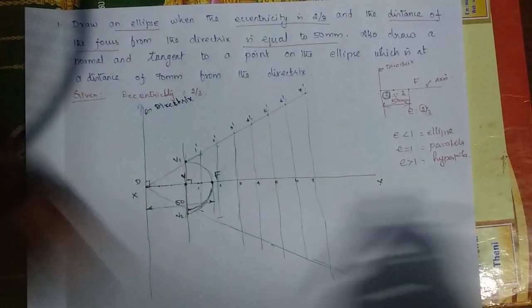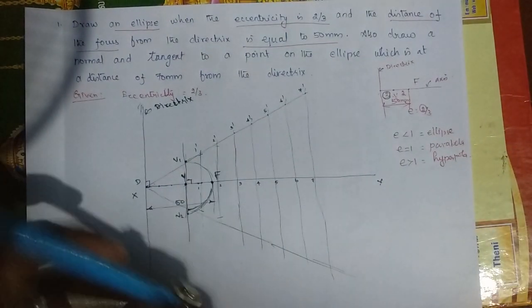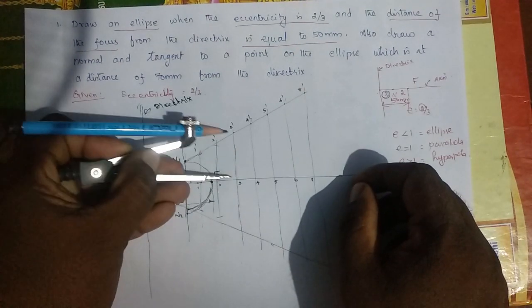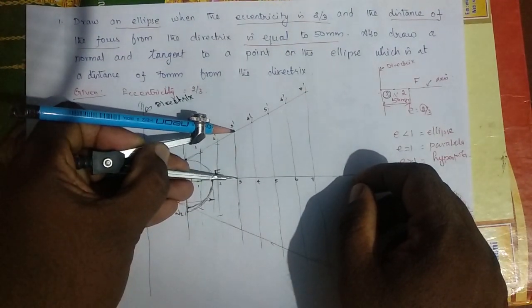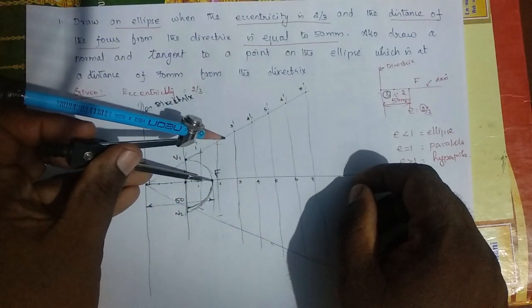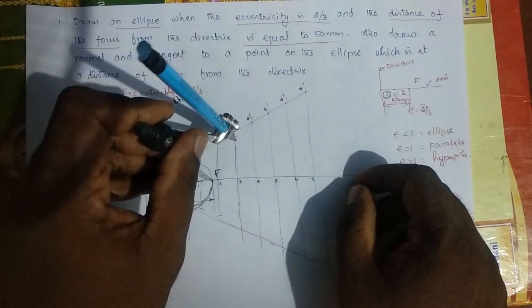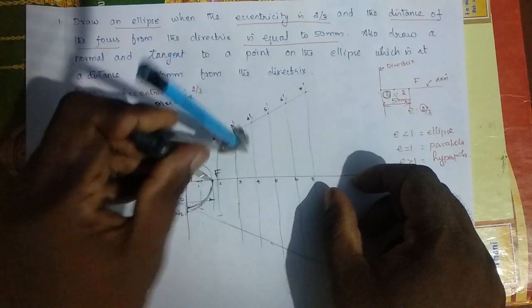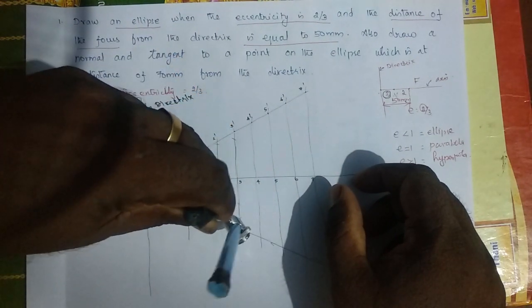Similarly from point 3 to 3 dash, I am taking the distance 3 to 3 dash, and from focus F as a center I just make an arc.